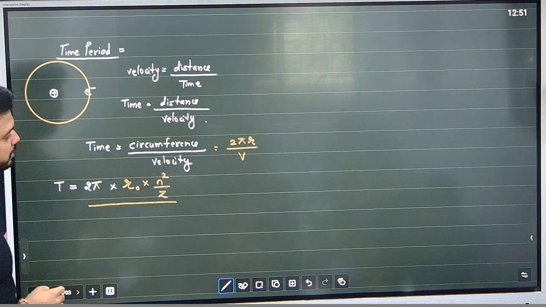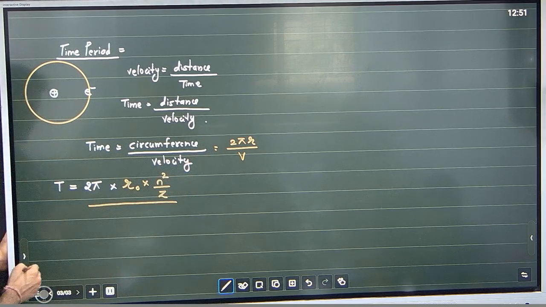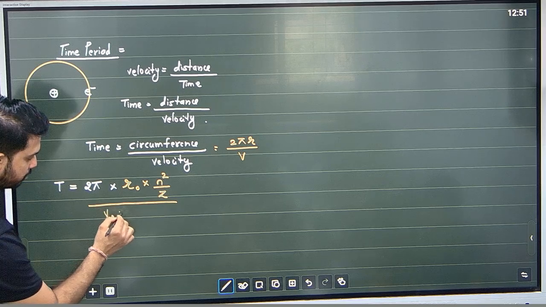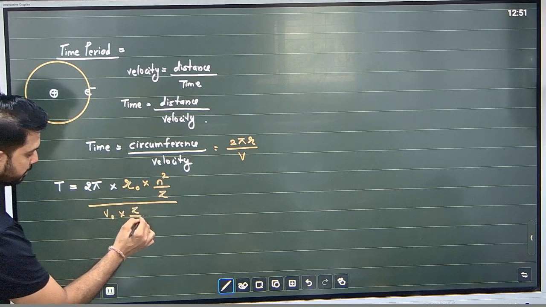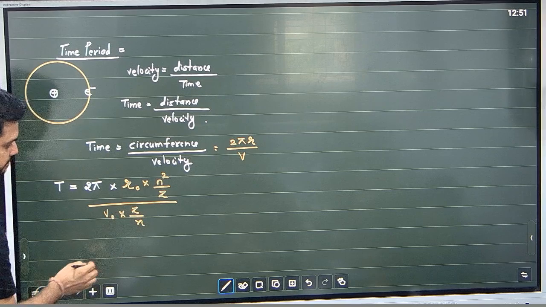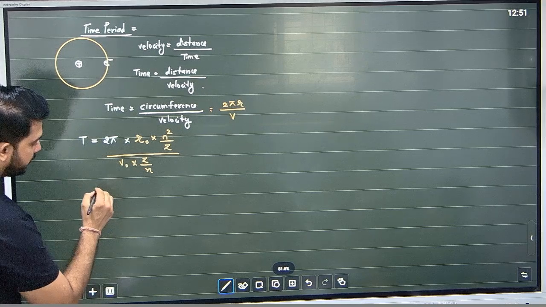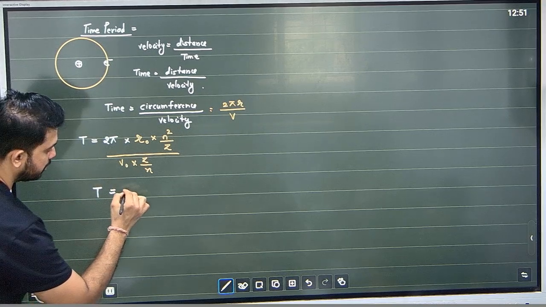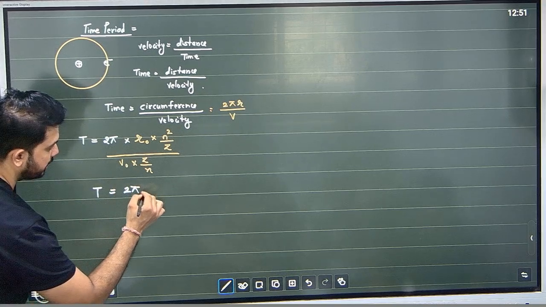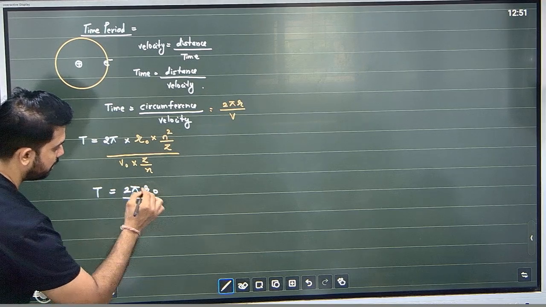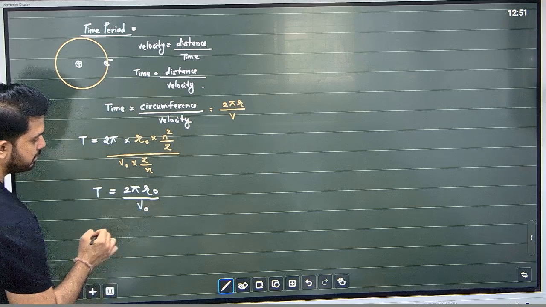What is the formula for velocity? V naught into z upon n. Therefore, time period is 2 pi r naught upon v naught.